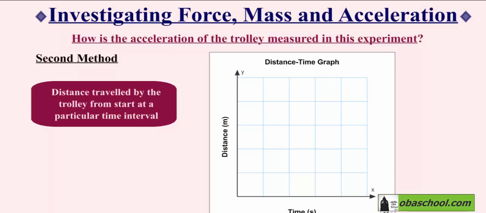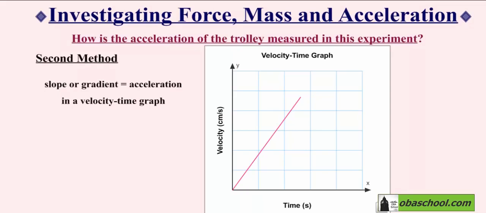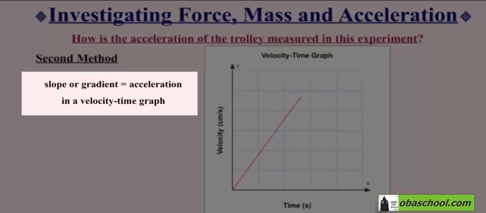In chapter 1 we mentioned that the distance traveled by the trolley from a start at a particular time interval can be drawn using a distance time graph, and the slope or gradient equals the speed at a particular time. So after we get the speed, we can draw a velocity time graph, and the slope in the velocity time graph equals the acceleration of the trolley.